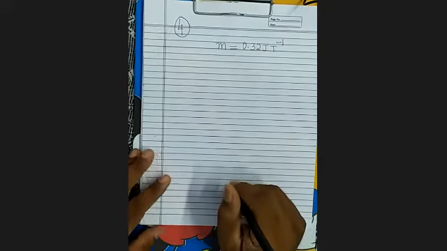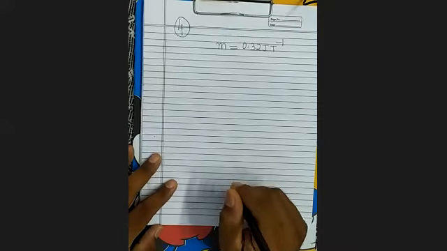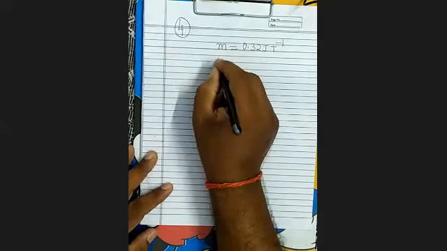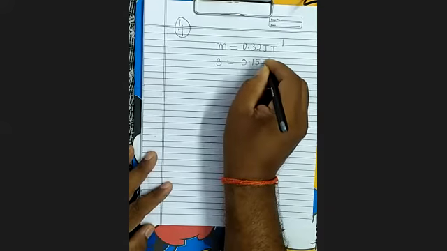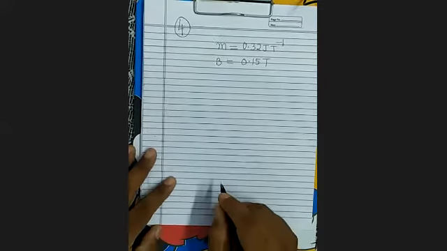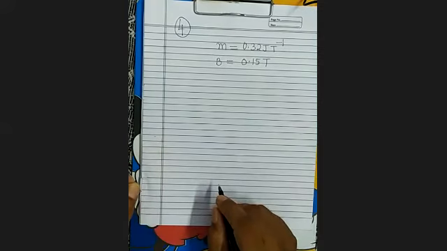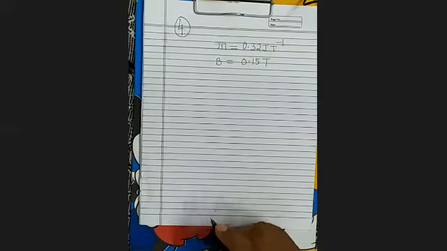It is free to rotate in a plane of a uniform external magnetic field B equals 0.15 Tesla. What orientations of the magnet would correspond to stable and unstable equilibrium?